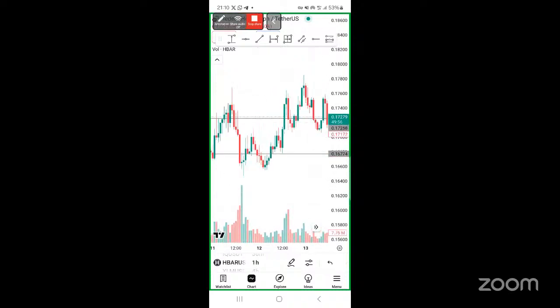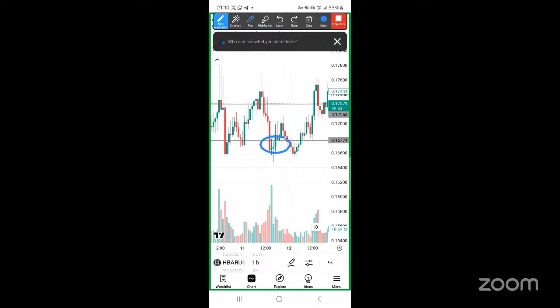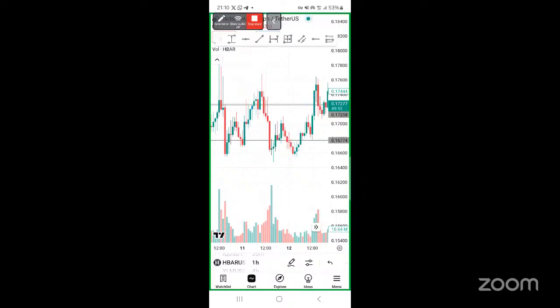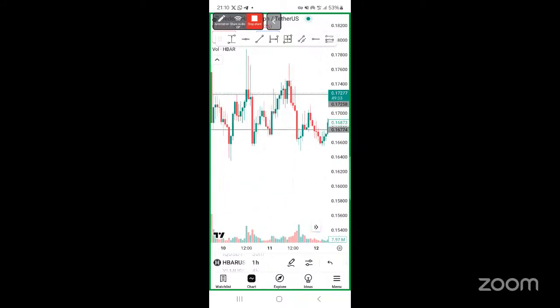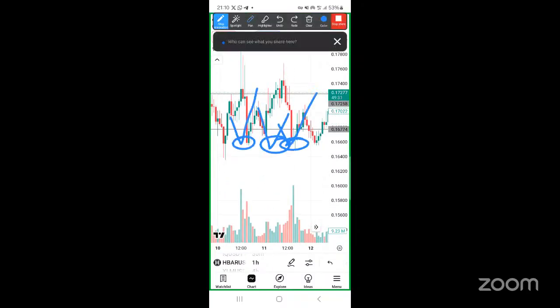You can see it here. It happened here as well. It was going down, then it changed. It is the same zone, so that zone here is a support area.